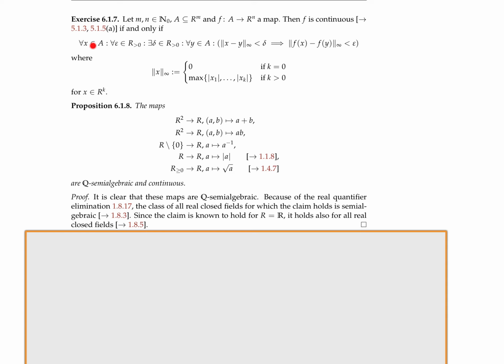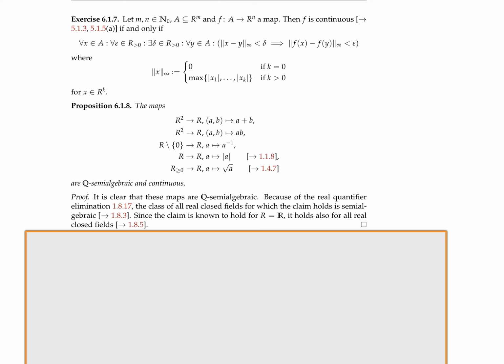Yeah, you can write it with these quantifiers here, right? And this maximum norm you can easily write also by a Boolean combination of polynomial inequalities and so on. So you can express everything in a semi-algebraic way.